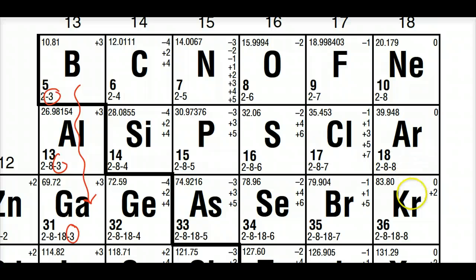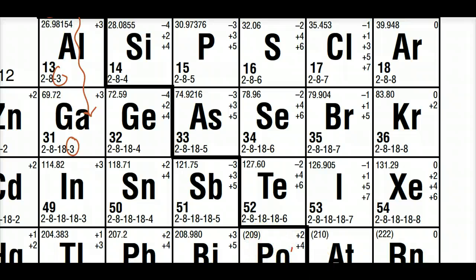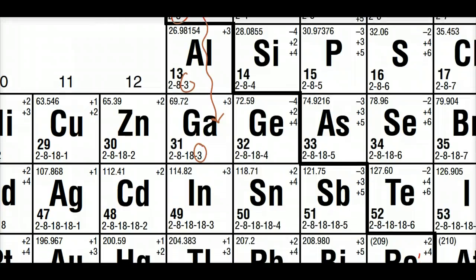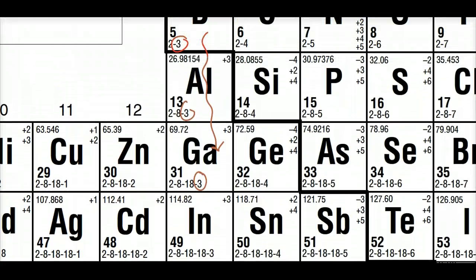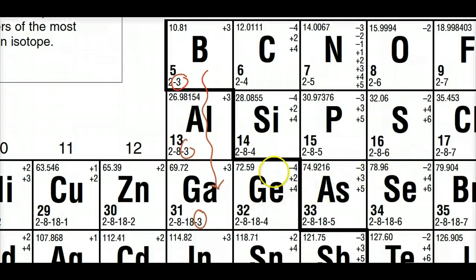In any case, what made his table really amazing was that he was able to predict elements that, when found, would go in between what they knew. For instance, germanium was an element he predicted would fit between gallium and arsenic.